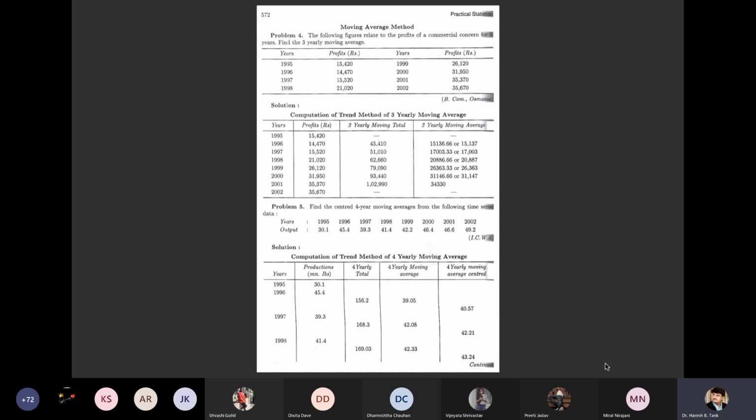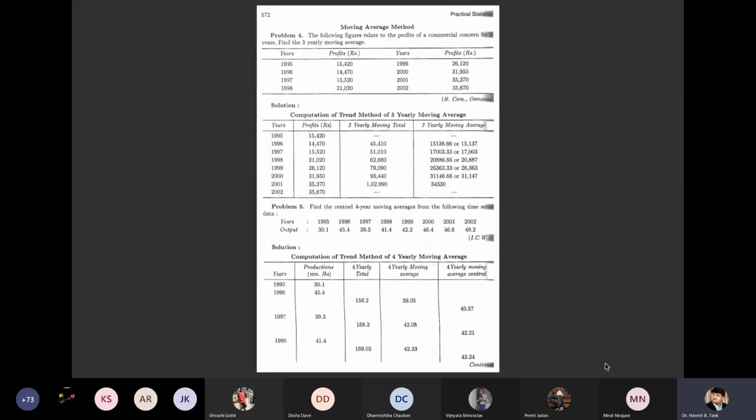So against 1996 you put the sum of 15,420, 14,470, and 15,520. What is the total of the first three profits in rupees? 45,410, and that is to be written against 1996.